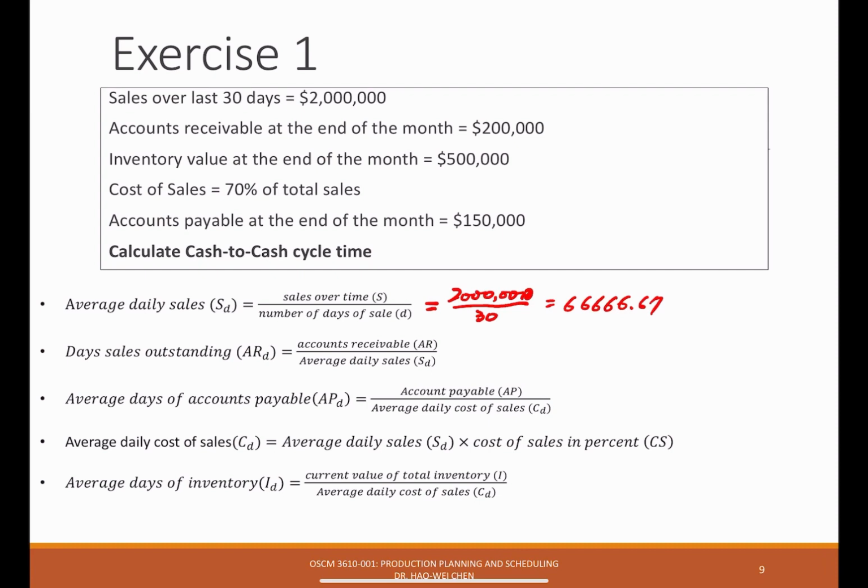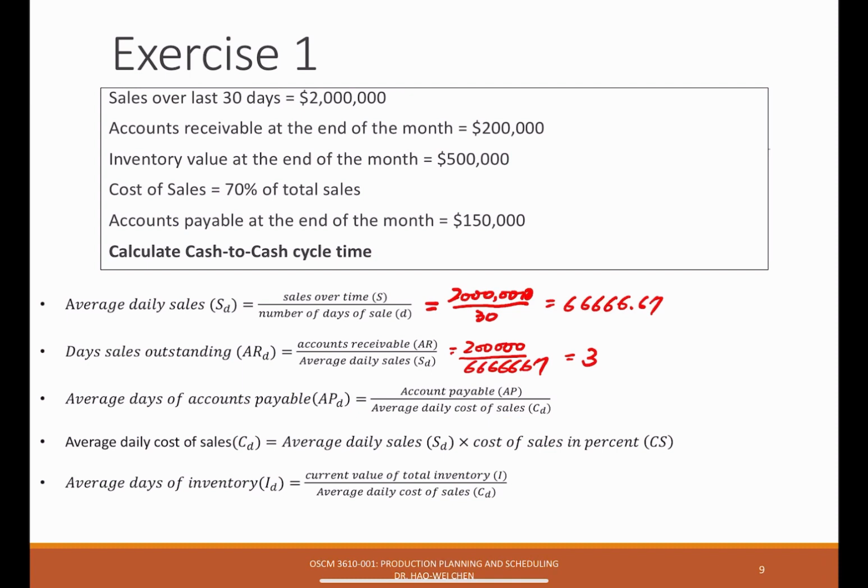The days sales outstanding, ARD, will be the accounts receivable divided by the average daily sales. So accounts receivable is 200,000 divided by 666.67. The answer will be equal to 3, so that's 3 days.